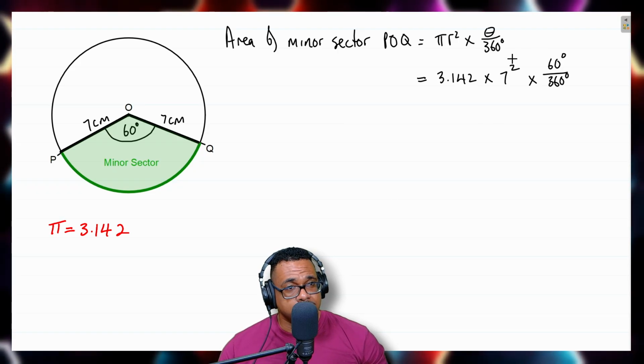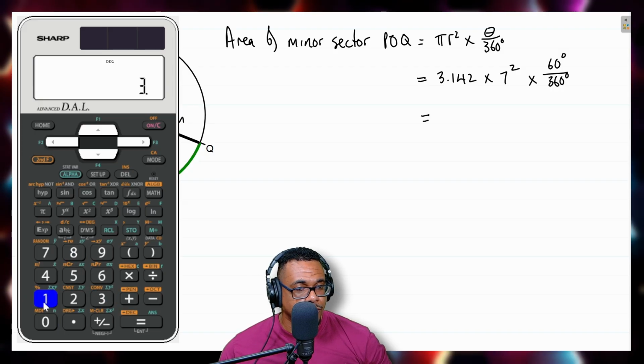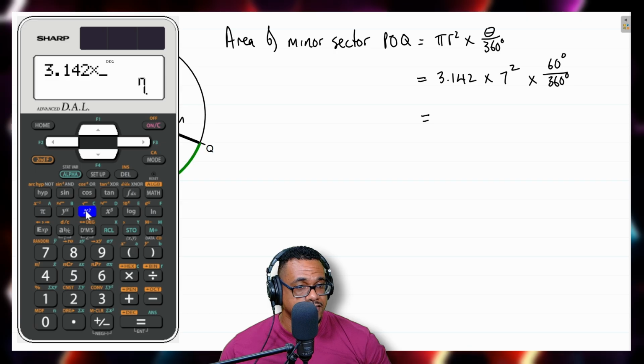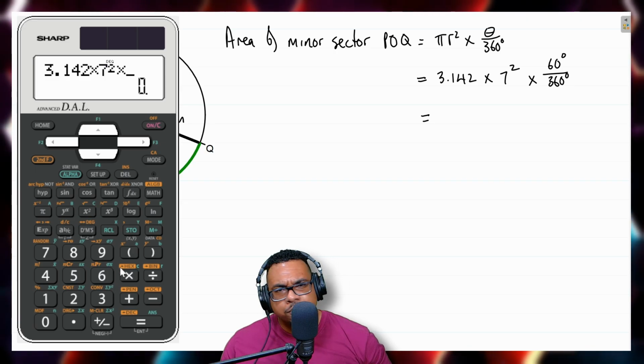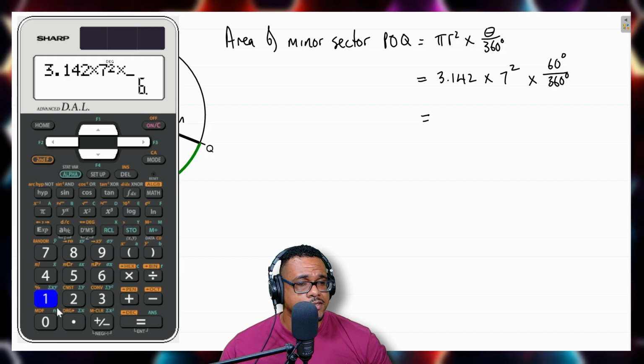And of course, I'll be doing this on the calculator. So we'll have 3.142 multiplied by 7 squared. So 7, the x squared button to square it. Multiply by, and you don't have to use the fraction button. You can simply put 60 divided by 360.